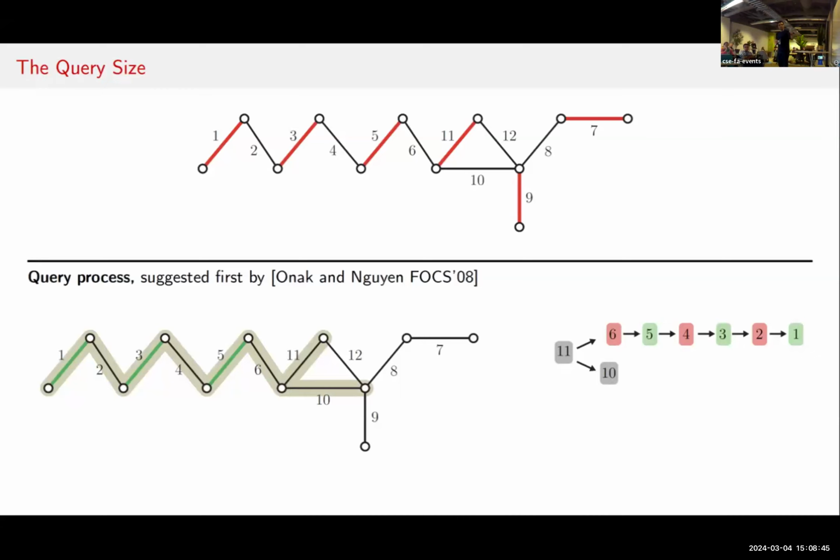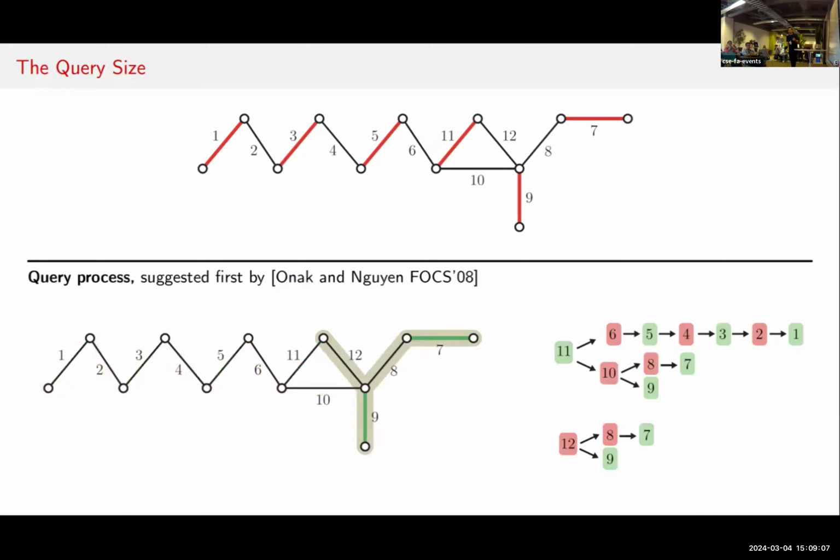And it turns out that for edge 11, this is actually not really better than just running the whole matching, because we recursively will explore the whole thing. But suppose that I queried edge 12 instead.